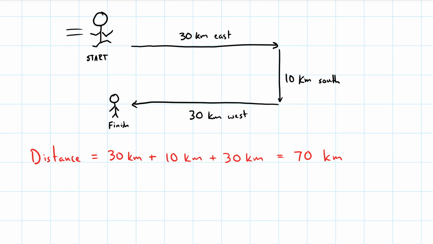Okay. Now for the displacement. For displacement, that's going to be a little different. For displacement, that's going to be the 30 kilometers east. Now the direction matters. Plus 10 kilometers, oh, sorry, 10 kilometers south.